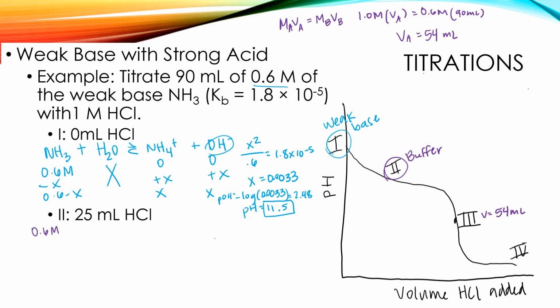I have 0.6 molar times 0.09 liters gives me 0.054 moles of ammonia. And then I have 1 molar times 0.025 liters, 0.025 moles of H+. So I'm going to do my reaction.